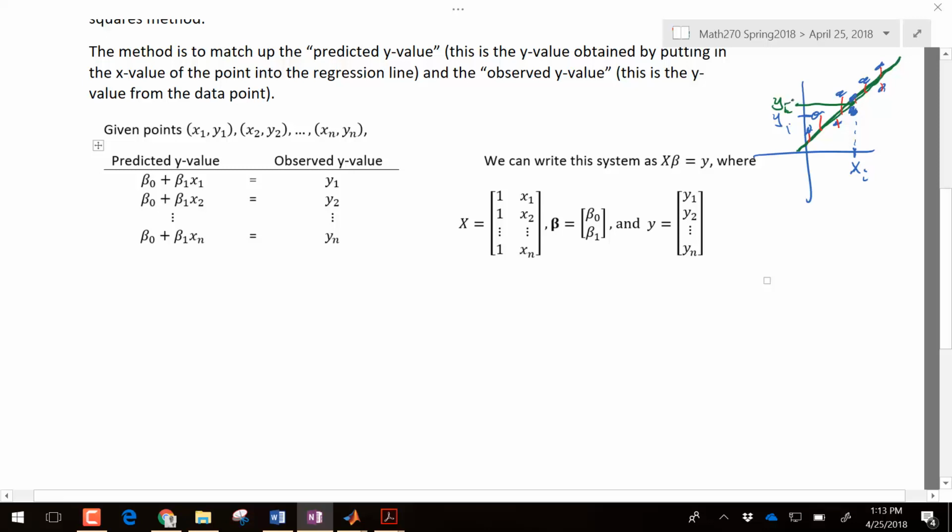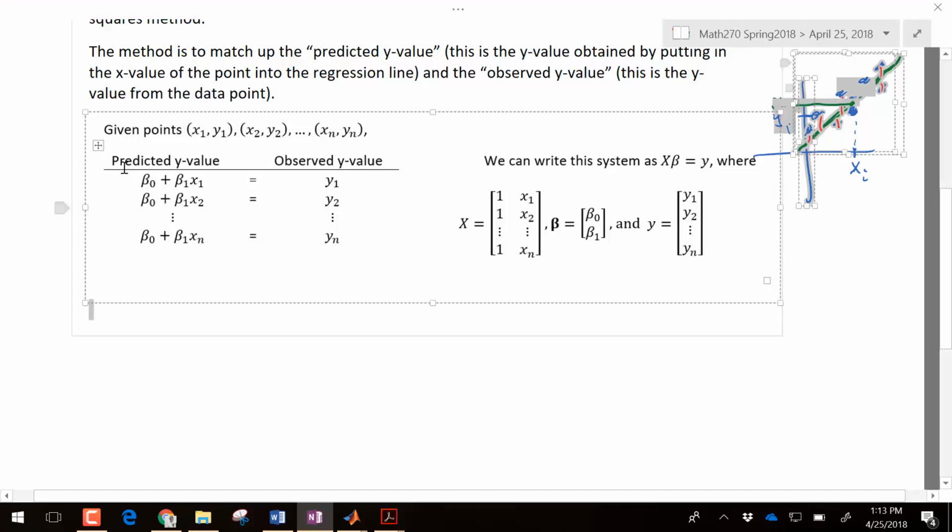They have a y value, and the y value there that I've in green is the y value that you get when you put the x value into the line. And so putting the x value into the line is called the predicted value of that point.